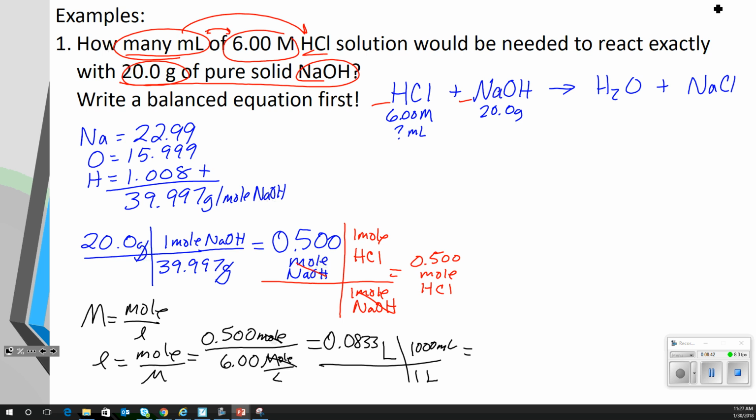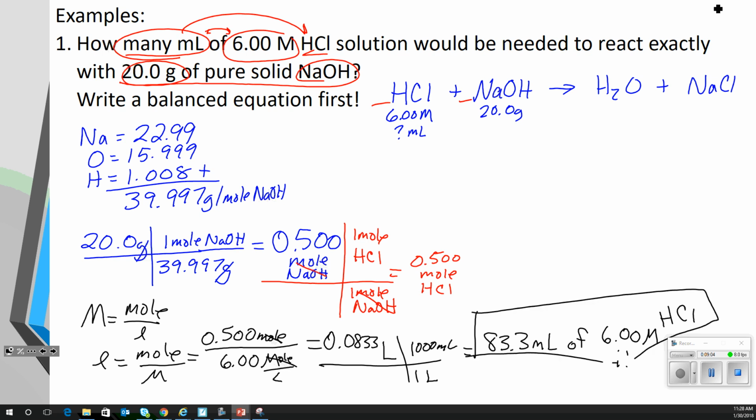So that would be moving the decimal 3 places, so it's 83.3 milliliters, but I can't stop there. When I'm doing this, I'm going to say 83.3 milliliters of what? It's of the 6.00 molar HCl. That's the full answer. You've got to tell me how many milliliters of what.